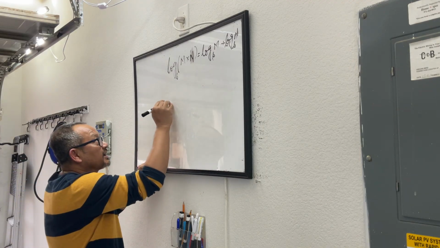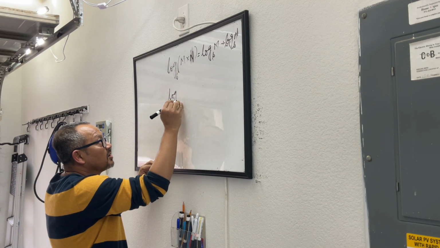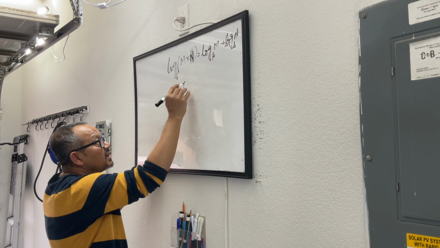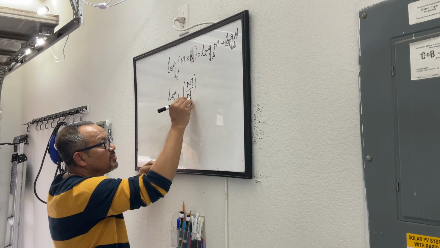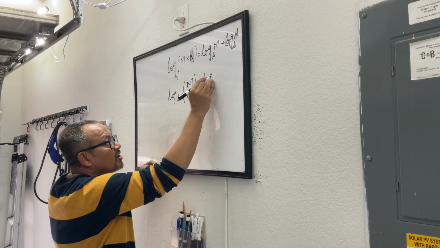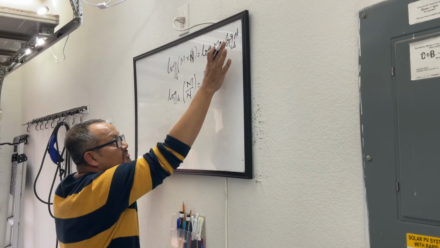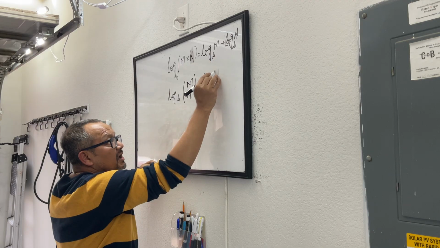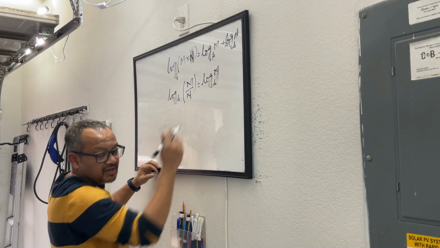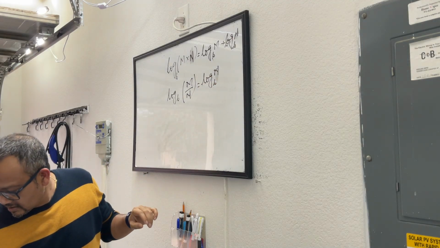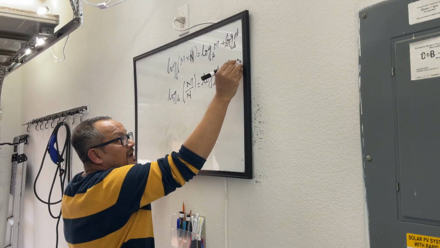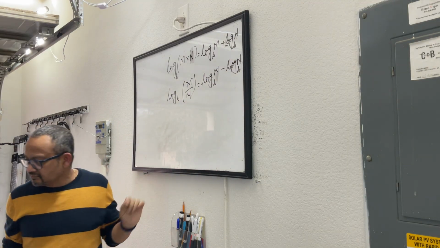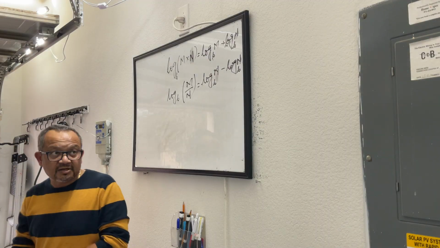Second rule or second property of logarithm that we have learned is log of m by n base b is nothing but log of m base b minus log of n base b. This is the second property.